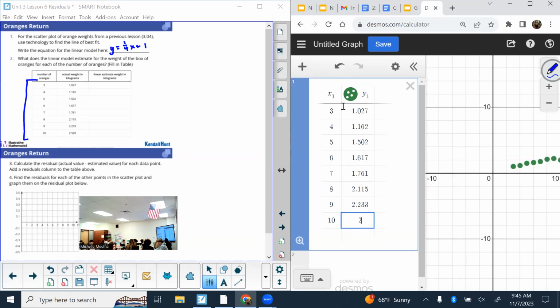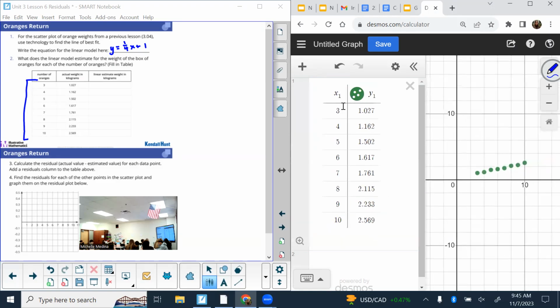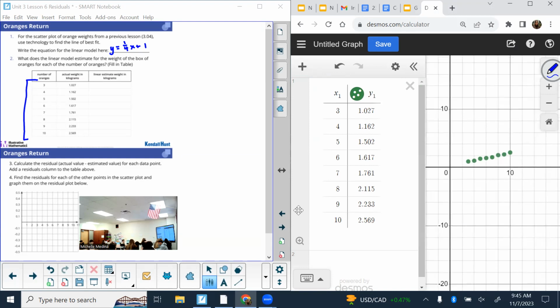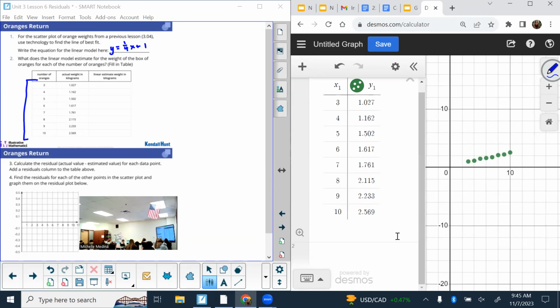I mean, your answer will probably be about the same, but we want a line of best fit. So I have a table, I have a scatter plot. How do I make it put the line of best fit on there? What do I do now?